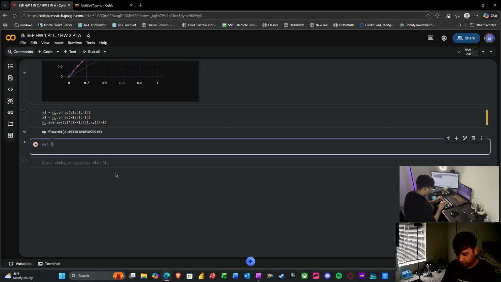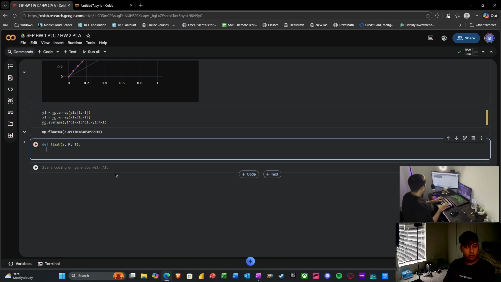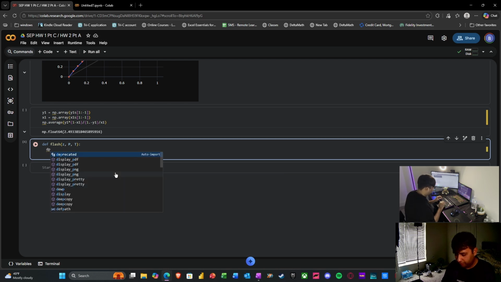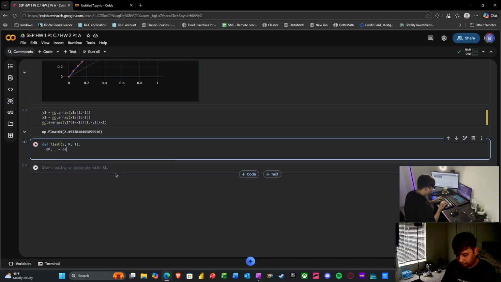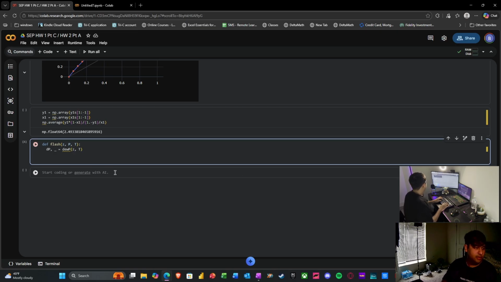So we're going to define our flash point first. We're going to use our Z value and our pressure and temperature, and then we're going to define our dew pressure, using our Z value and temperature.